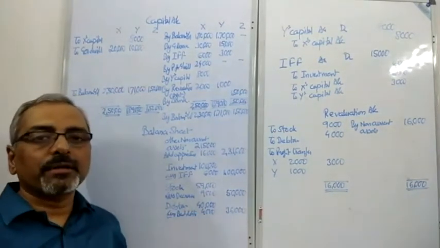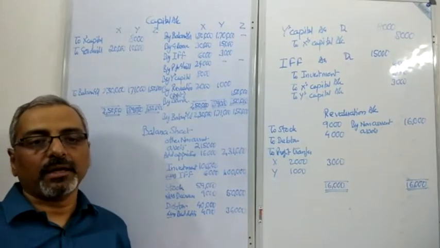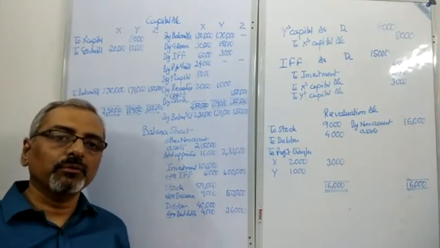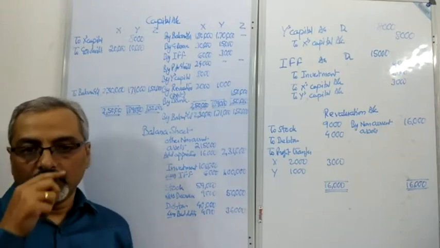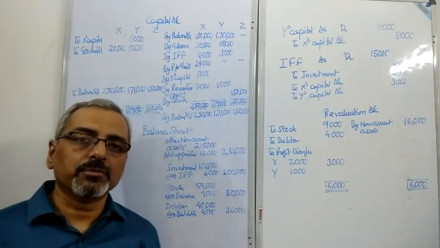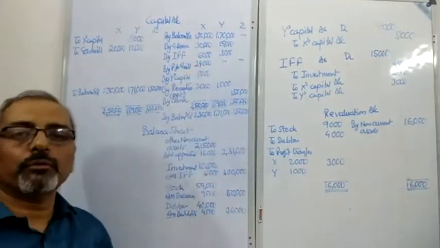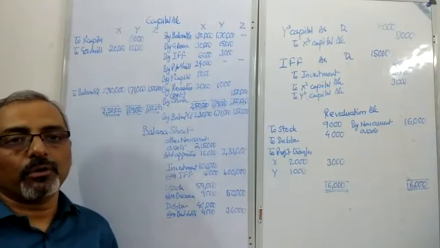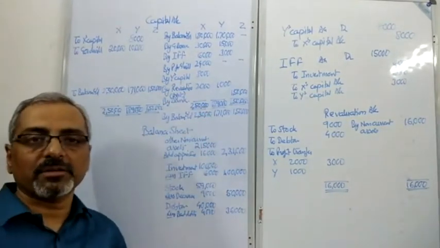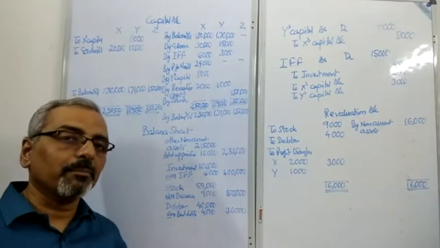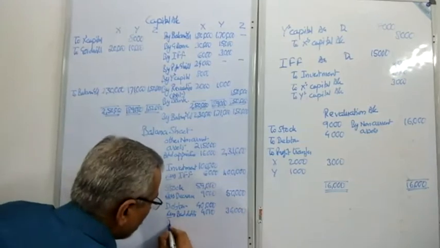After doing all these entries, the last entry which is required in the asset side is the cash at bank. If you remember, over here we have a bank overdraft of 10,000 in the question, and we can see that the new partner has brought in 1,50,000, and he has also brought in a goodwill of 24,000. So the total amount of money brought in by the new partner is 1,50,000 plus 24,000 is 1,74,000, but there was a bank overdraft of 10,000. So the treatment will be very simple, right?